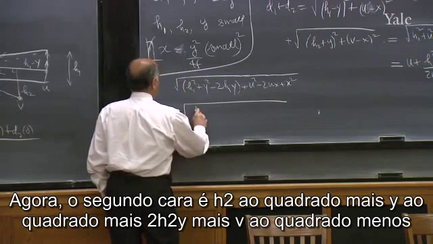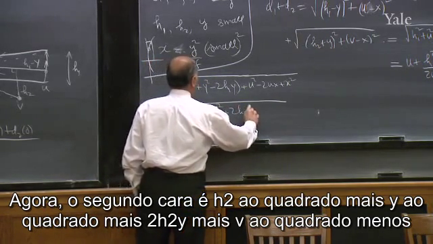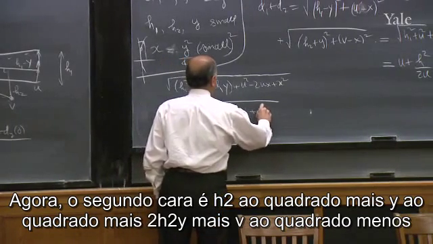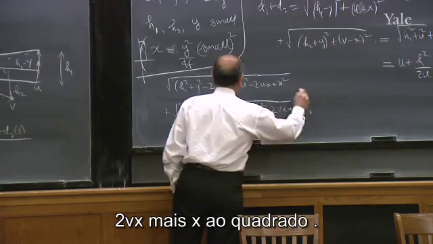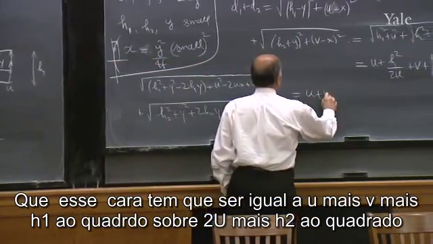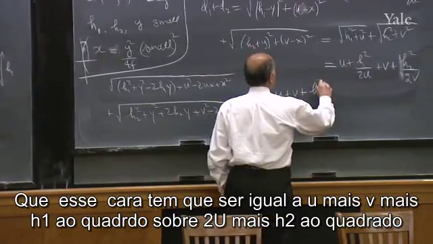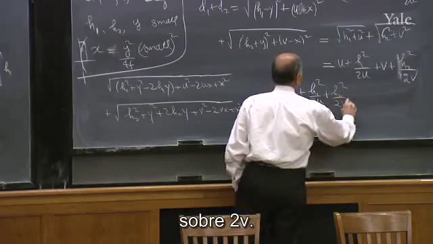Now the second guy is h2 squared plus y squared plus 2h2y plus v squared minus 2vx plus x squared. That's got to be equal to u plus v plus h1 squared over 2u plus h2 squared over 2v.